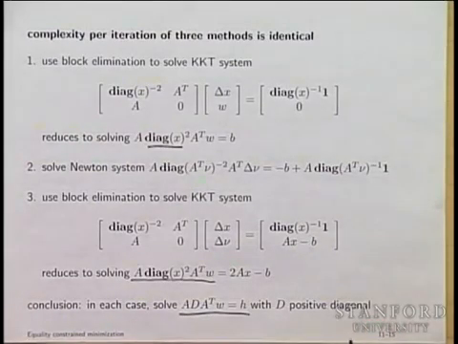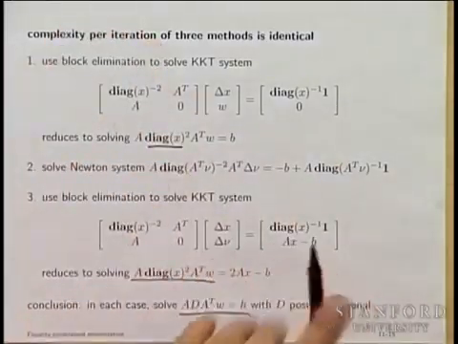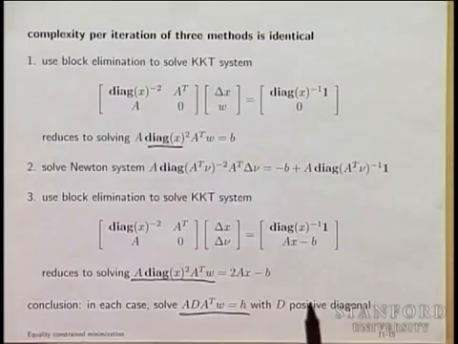So if A is sparse, then the computational complexity of the three methods is absolutely identical per Newton step. If you add to that the fact that Newton's method is going to take somewhere between 5 and 20 steps or something like that, and you call that just a constant, then it means that all the methods are just the same. In particular, there's no dramatic improvement you're going to make here, just none.